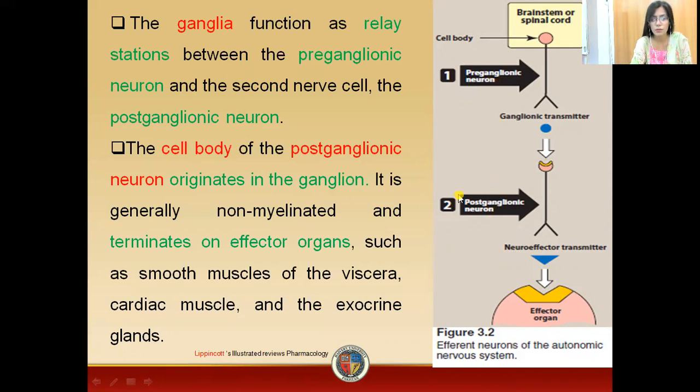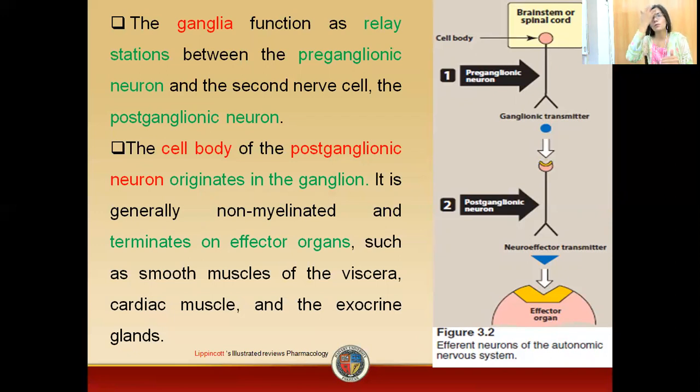This is the cell body of a postganglionic neuron, and the cell body of this postganglionic neuron is in the ganglia. This postganglionic neuron will then terminate in the effector organ. So this is a series, a flow from the CNS to the effector organs.